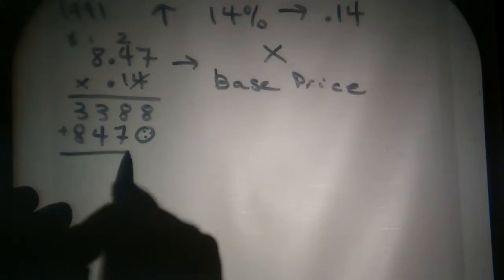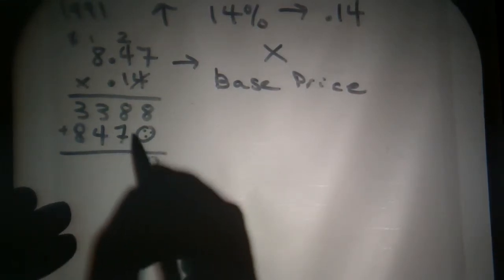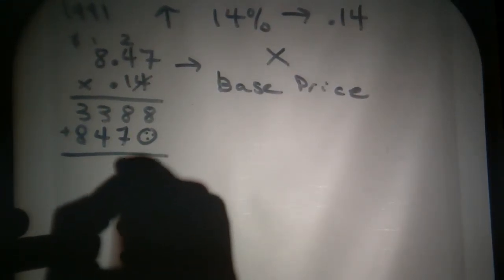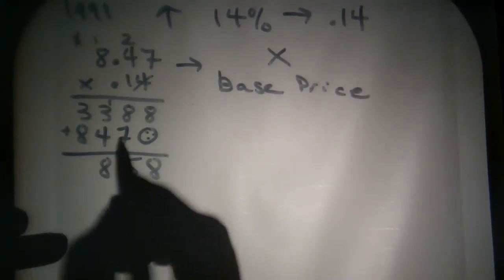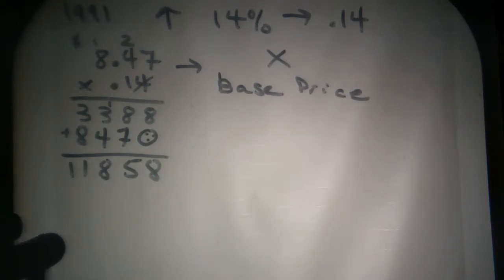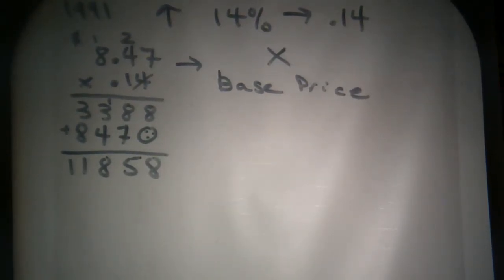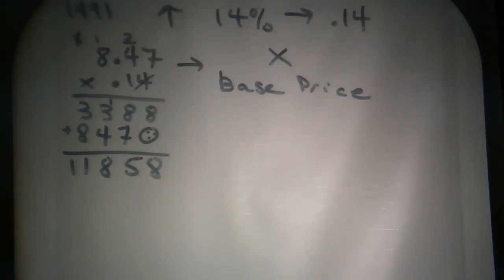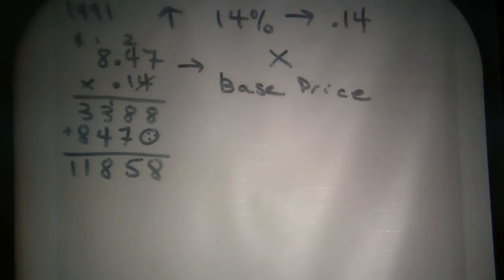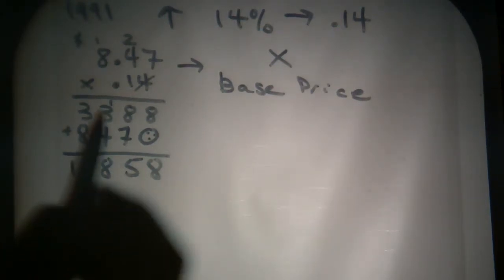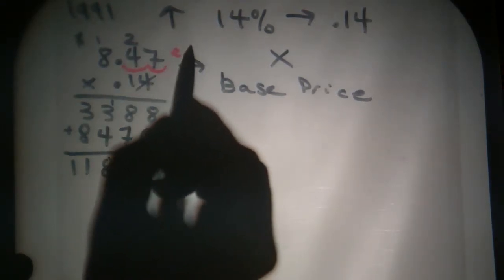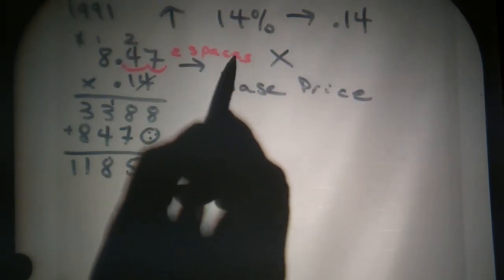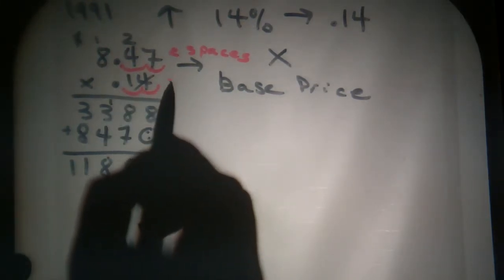Now we add. 8 plus 7, 15. Carry the 1. That's 11. Alright, but I don't have a decimal place here. Where do I put my decimal? So how many spaces do I have to count for here? I have 2 spaces here, and 2 spaces here.